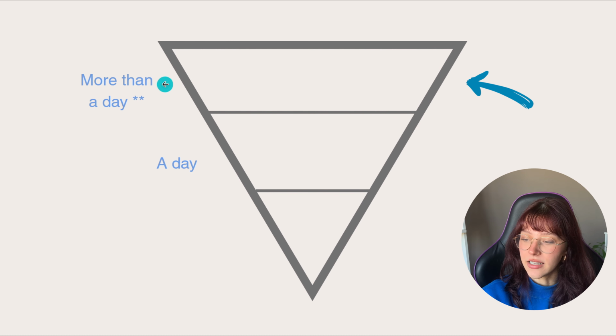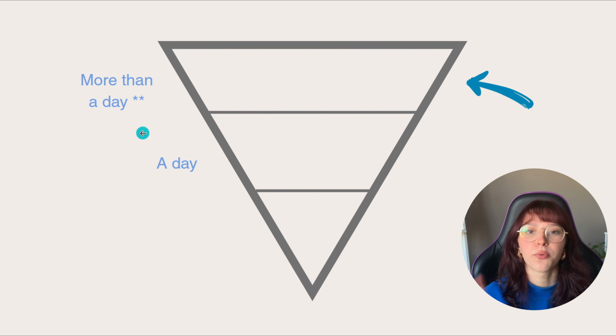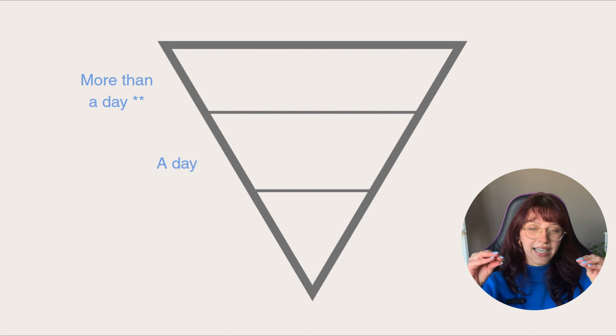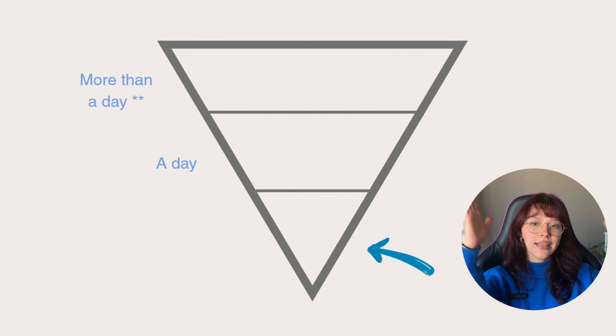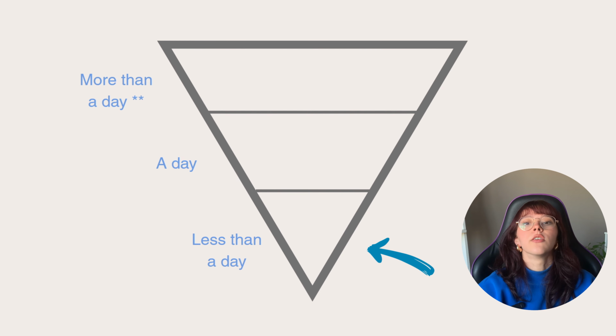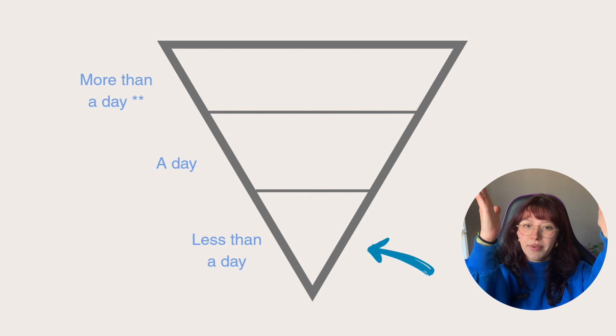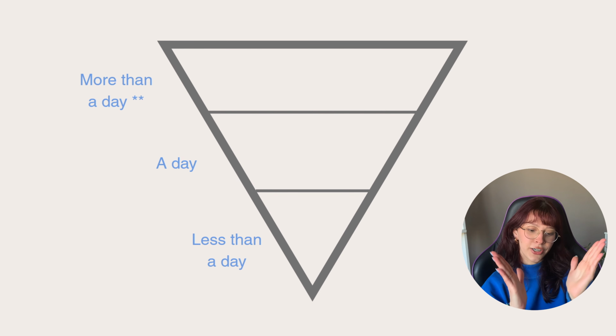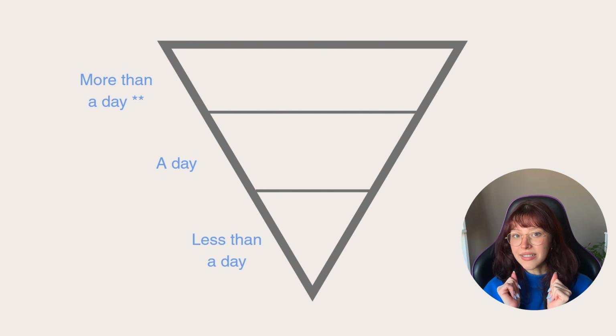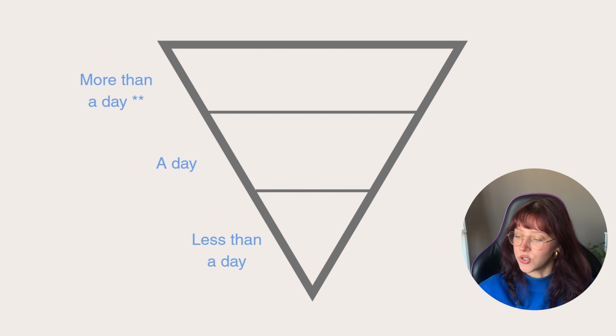You can see here that I put some signs. This is because here there's an important thing, so in the future, we will talk about that. You have a day, more than a day, and less than a day. In a triangle, the upper part is big and it turns small, small, small. So this is what we need to pay attention to.